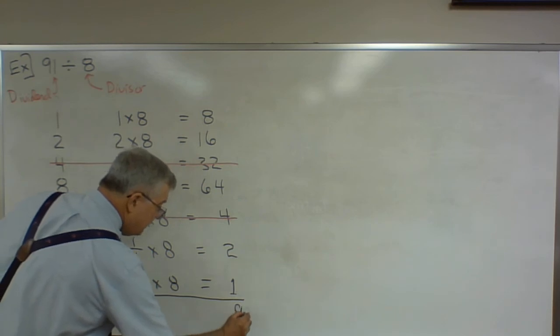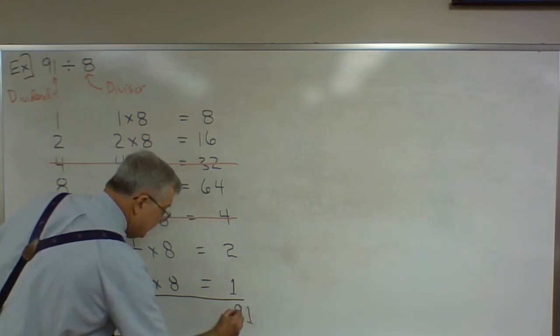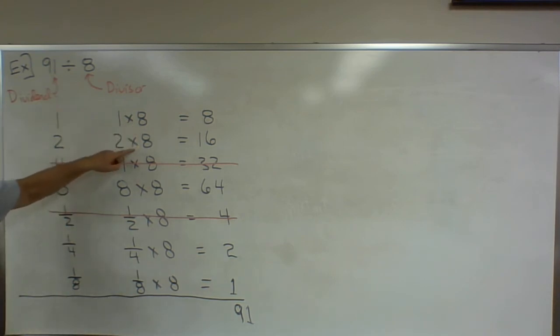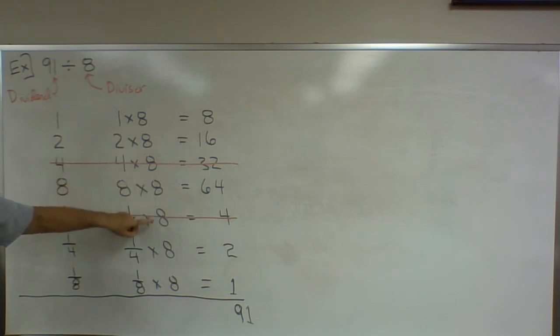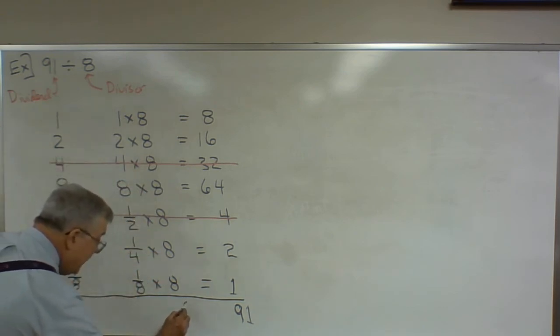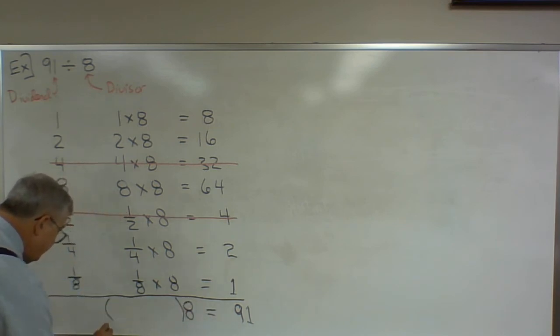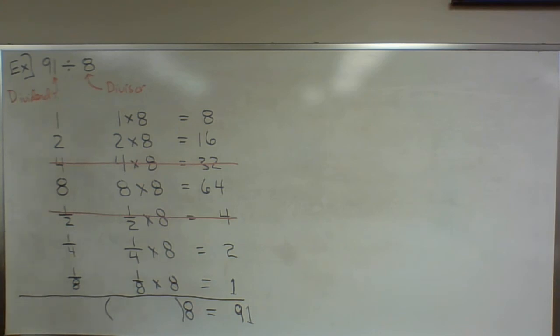So here we have 91. And notice here, each of these products has a factor of 8. So we'll factor out the 8 and take what's left, 8 plus 2 plus 1, plus a fourth plus an eighth.